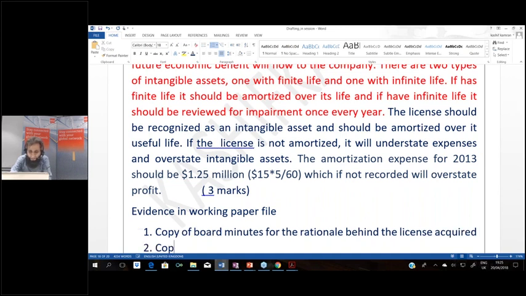Then I can have a copy of the bank statement to confirm the payment of $15 million.